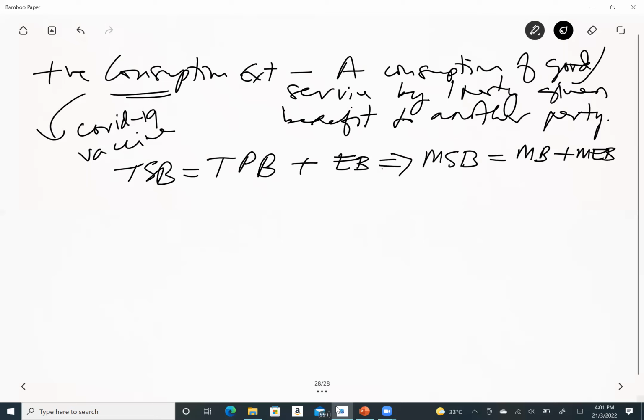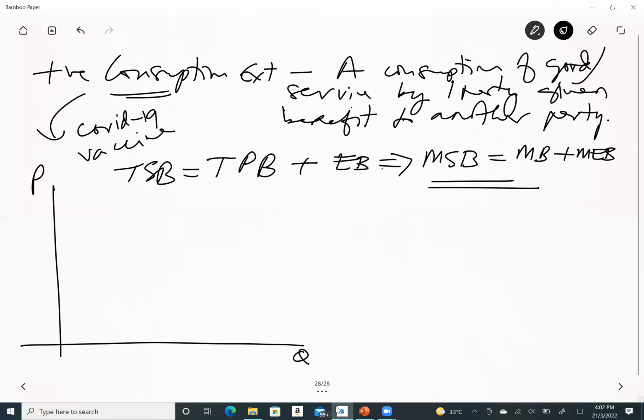Okay, so that's how the relationship is between the marginal social benefit and the personal benefit. Now, marginal costs don't have any change. Marginal cost, supply function, there is no effect. So you have marginal cost, that is the MB.